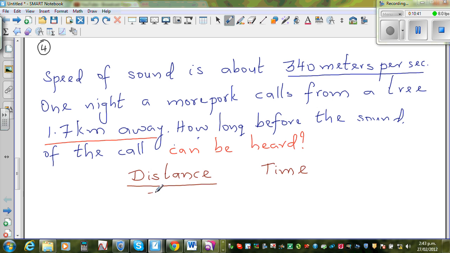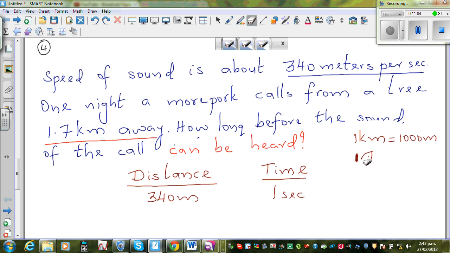For 340 meters, you need 1 second. That's the information that we have. And 1 kilometer, hopefully you should know, is 1,000 meters. So 1.7 kilometers would be 1,700 meters.